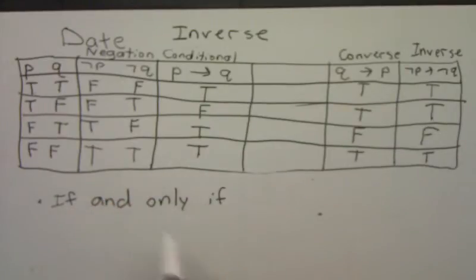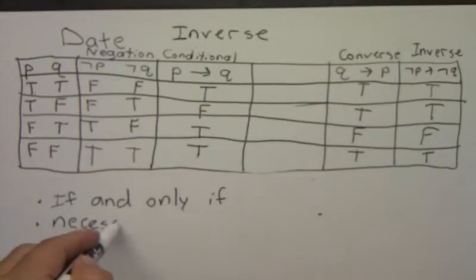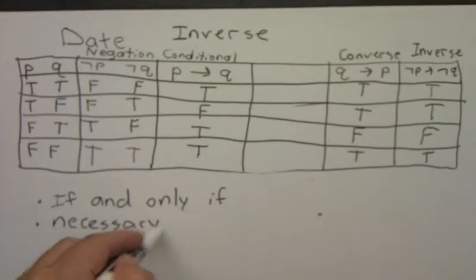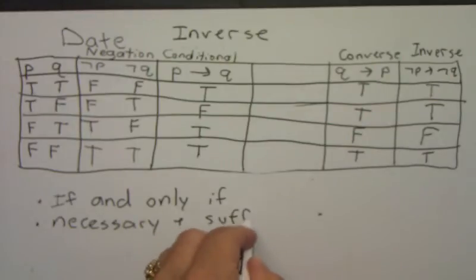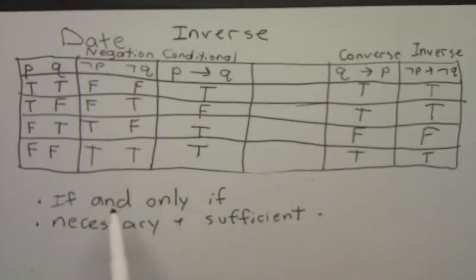Okay. This is something we use with equivalent statements. Another thing we say is necessary and sufficient. Okay, so if and only if and necessary and sufficient are the same thing.